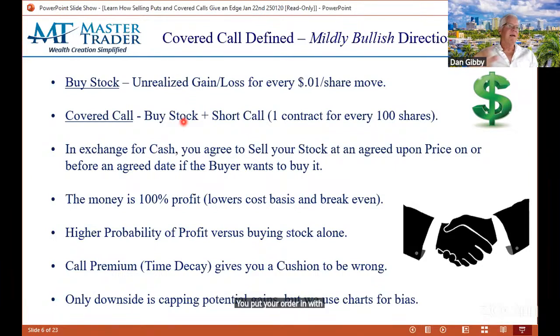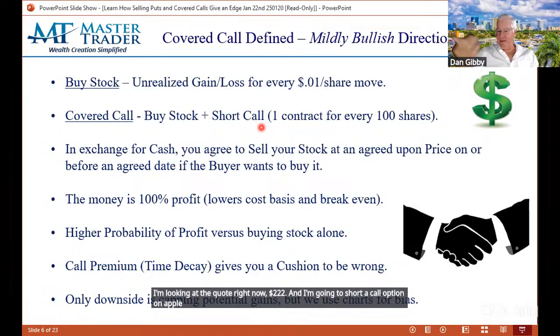I'm going to buy Apple stock. I'm looking at the quote right now, $222. And I'm going to short a call option on Apple to take in money. And I'm giving somebody the right to buy my Apple stock from me.